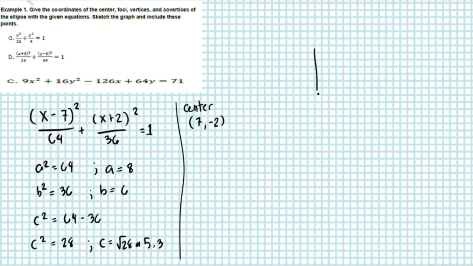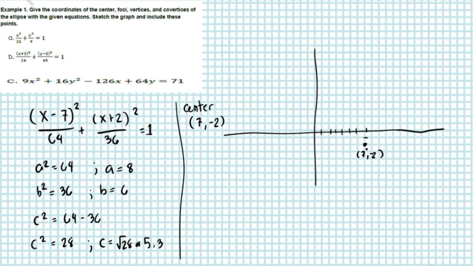So, let's graph. So, we have positive 7, 1, 2, 3, 4, 5, 6, 7, and negative 2 here. So, this is our center, 7, negative 2. Next, i-plot natin yung ating major axis. Ating major axis ay nasa x axis. Therefore, our semi-major axis is 8.